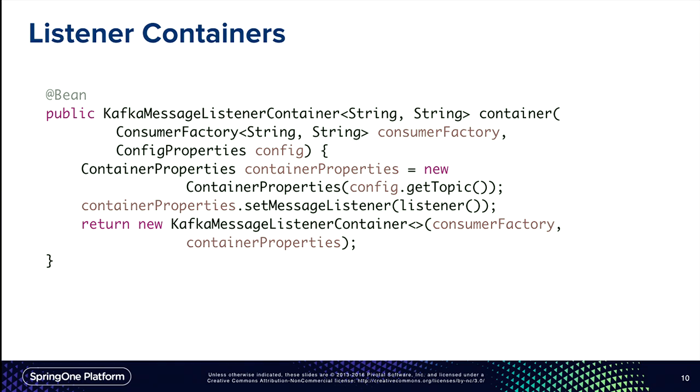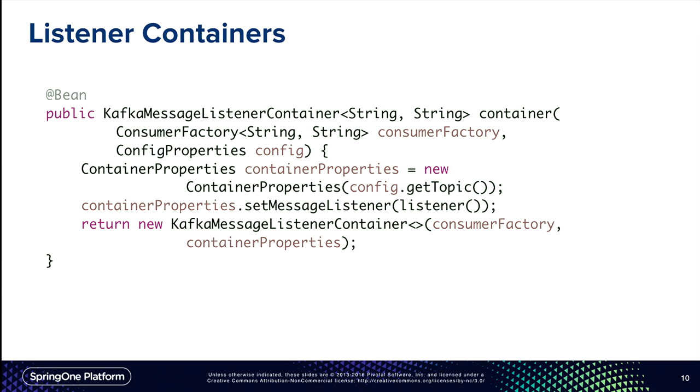We also have a ConcurrentMessageListenerContainer, which effectively wraps n Kafka message listener containers. The way that works is, let's say you have a topic with 5 partitions, and you set the concurrency to 5 on the concurrent message listener container, then Kafka will effectively balance the partitions, so each of those threads will get one partition. So again, you'll maintain order within the partition.